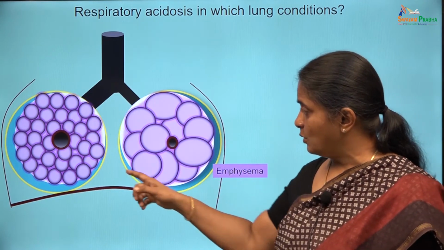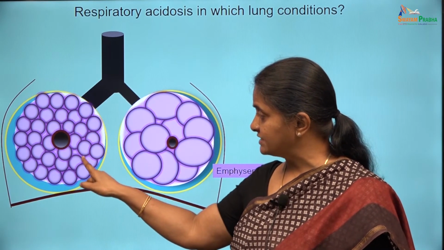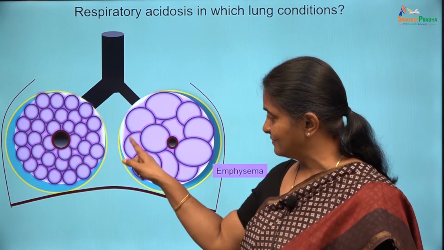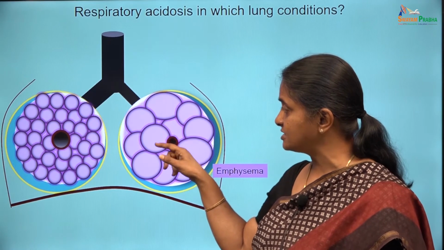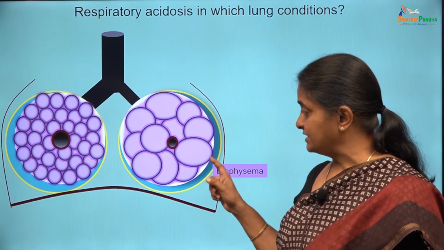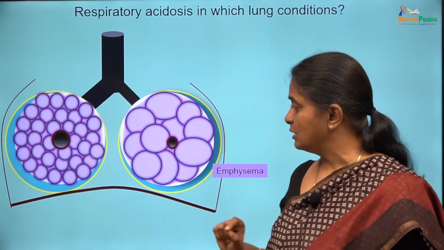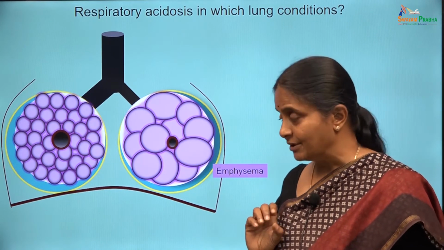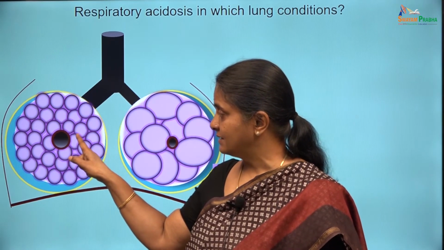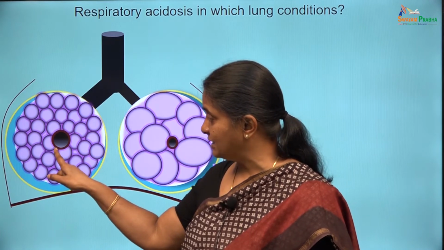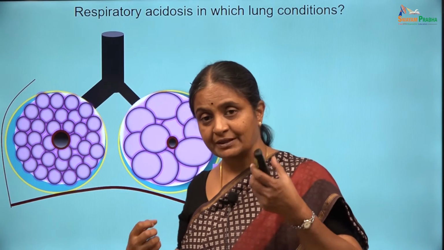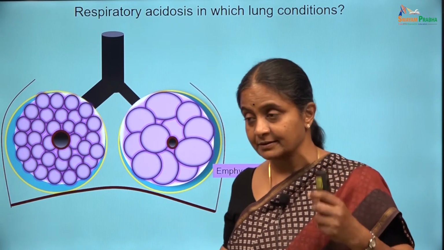Emphysema is a condition where there is disruption of interalveolar septa and the alveoli coalesce with each other, with enlarged alveolar spaces and fewer interalveolar septa. In this condition, the bronchioles will be narrowed because there is elastic tissue in the walls of the alveoli, and that elastic tissue being tethered to the walls of the bronchioles is important in keeping the bronchioles open and patent.